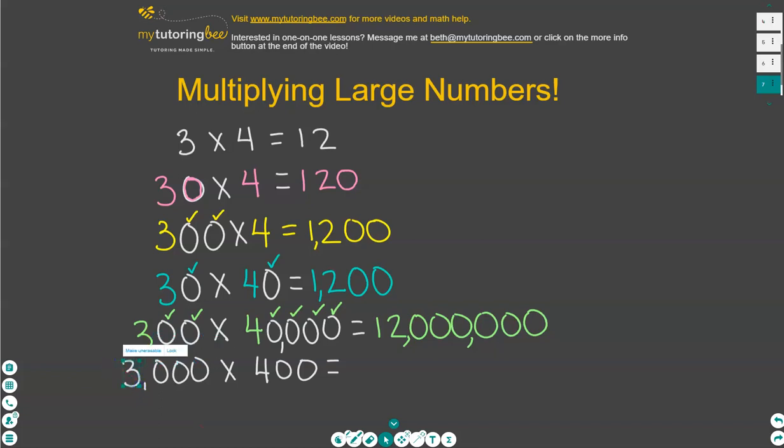We're going to focus on the 3, focus on the 4. 3 times 4 is 12. And then we're going to count the zeros. 1, 2, 3, 4, 5. Notice I didn't worry about putting commas until now. Now I have all of my numbers where they need to be. So now I can start to put in my commas.